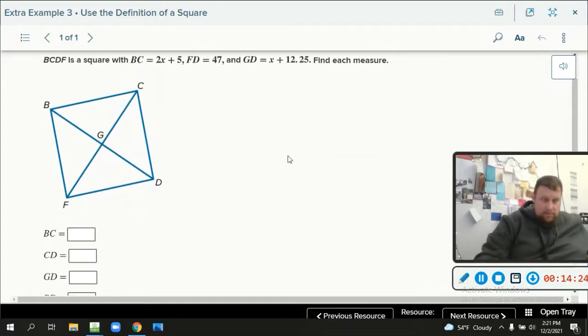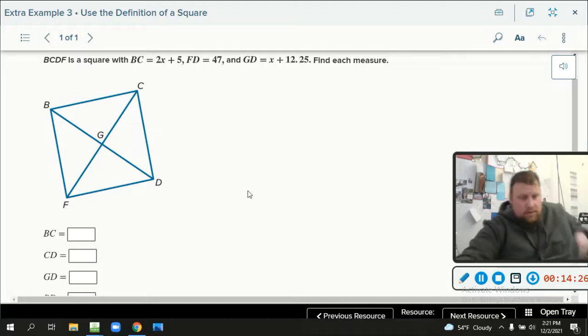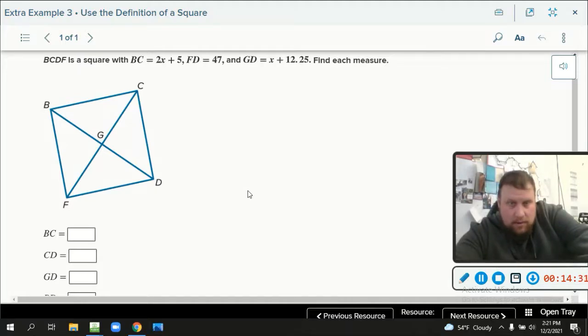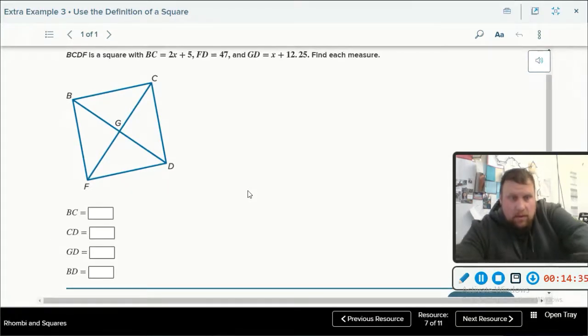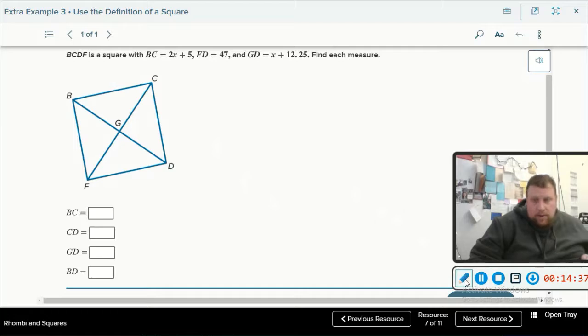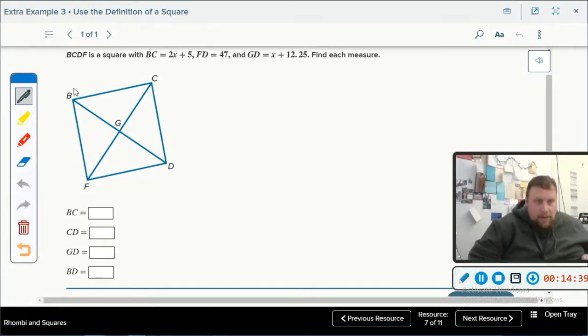Find each measure. So let's write all this stuff down. BC is 2x plus 5. FD is 47. GD is x plus 12.25.